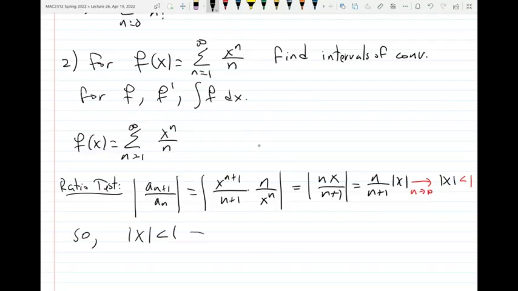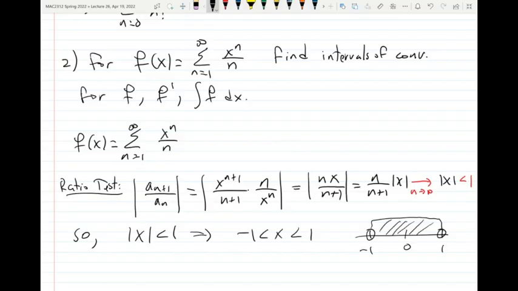So absolute value of x less than 1 implies that x is between -1 and 1. So let me draw a picture here. Here is -1, here is 1, it's 0 in the middle. So this is so far how the interval of convergence is looking. Now the question is, should we include the endpoints or not?